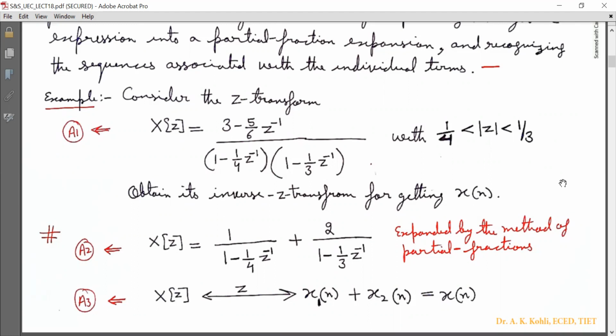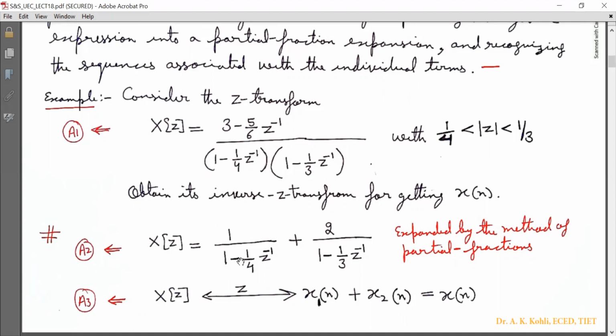Obtain its inverse Z transform for getting x[n]. Now the ROC is given here and the expression for X(z) is given here. Now we will expand it by the method of partial fractions, as shown in equation A2.